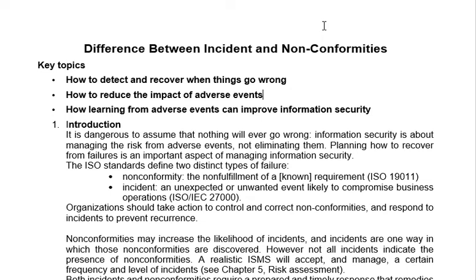Information security is all about managing the risk from adverse events. We are only managing the risk, we are not eliminating it. For this purpose we have a proper incident management plan. By having a proper incident management plan, we can recover from the failures.